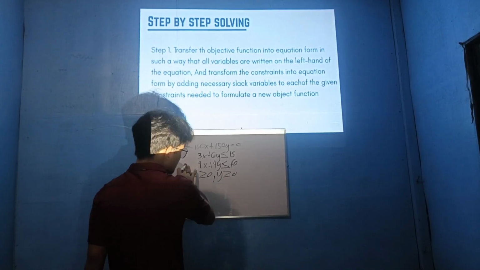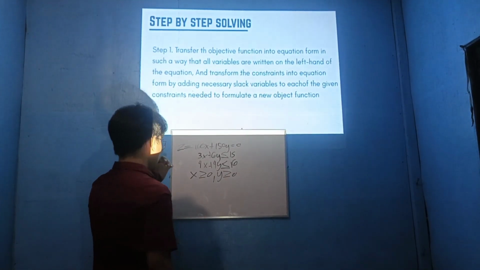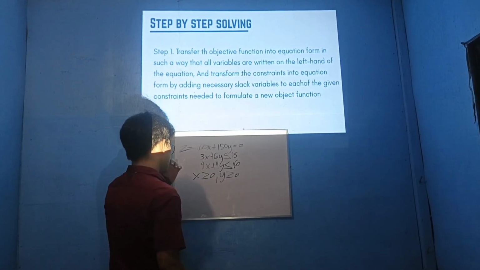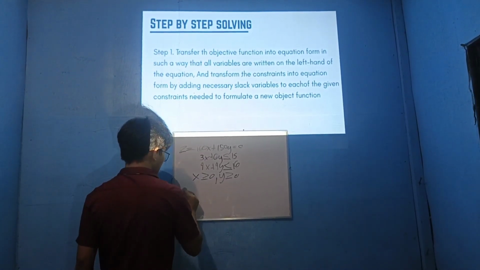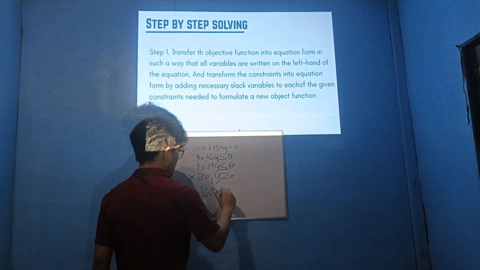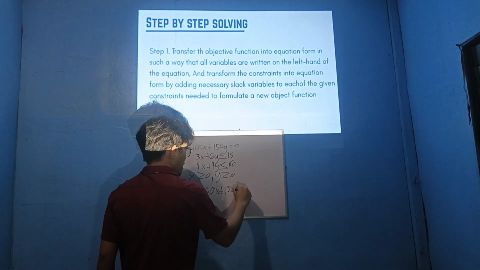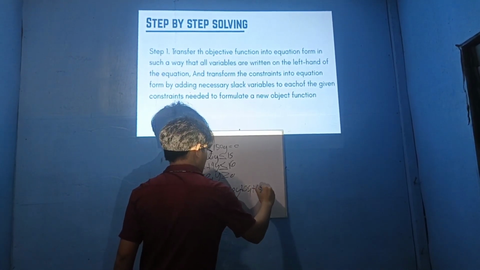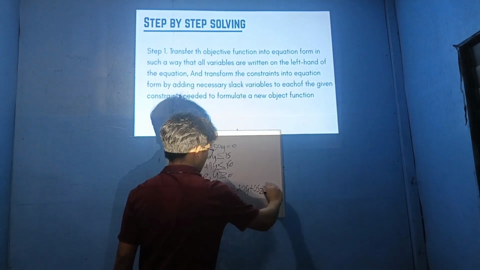We transform this into a new objective function: negative z plus 160x plus 150y plus 0 times slack variable 1 plus 0 times slack variable 2 equals 0.